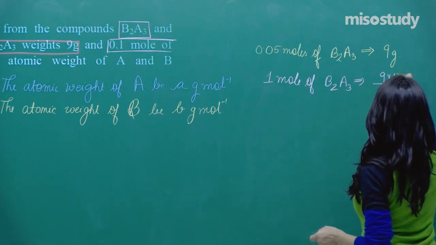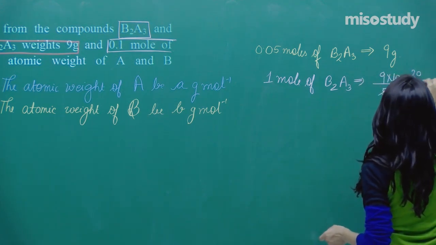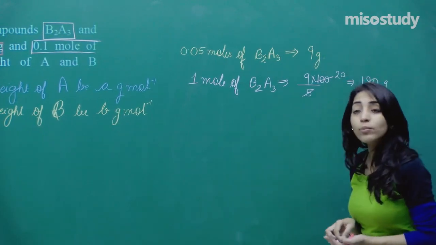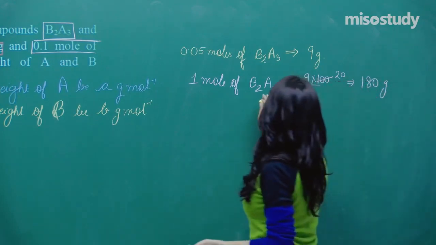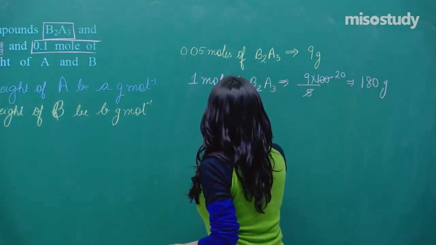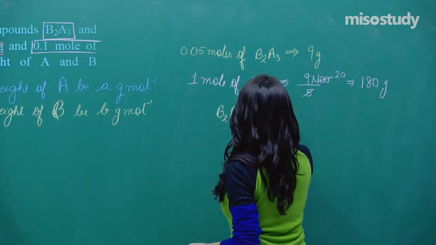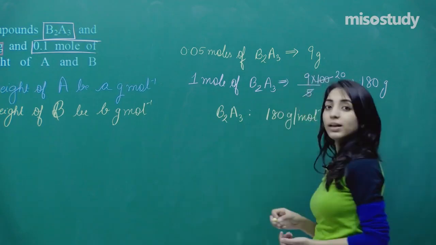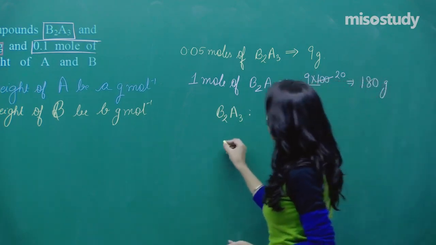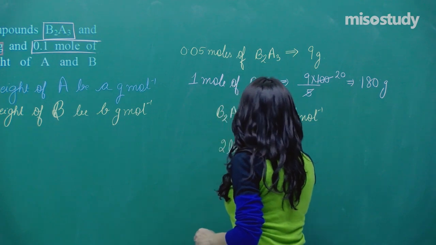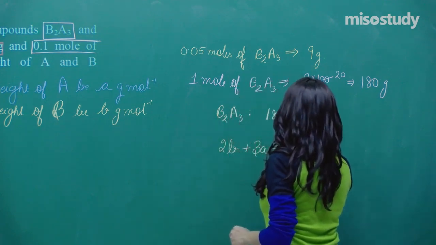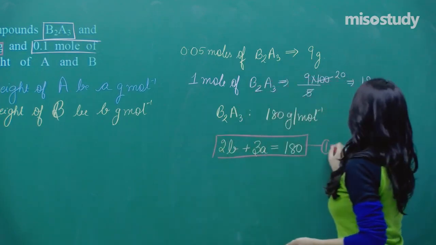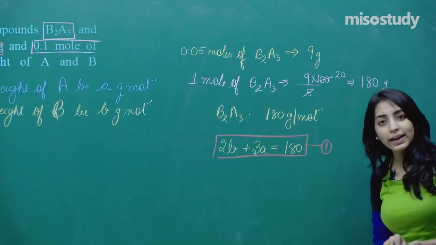So let me just write it here. 180 grams. So 1 mole of B2A3 will be 180. So can I say B2A3 molar mass is 180 grams per mole, right? Also, can I write one equation? 2 times B plus 3 times A, value will be 180. Equation number 1 that I have got for you, right?